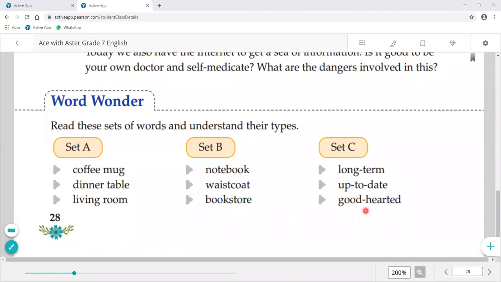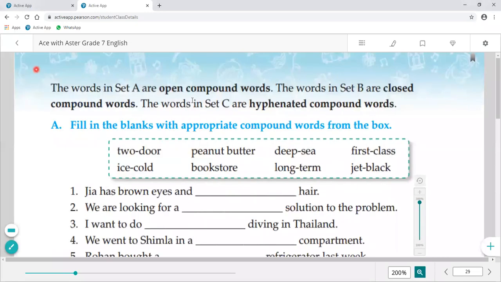These combinations of words are called compound words. Here are the three types of words we have read. The words in Set A are open compound words, the words in Set B are closed compound words, and the words in Set C are hyphenated compound words.